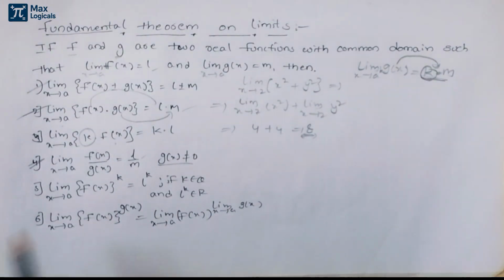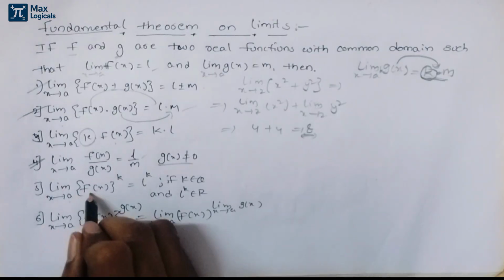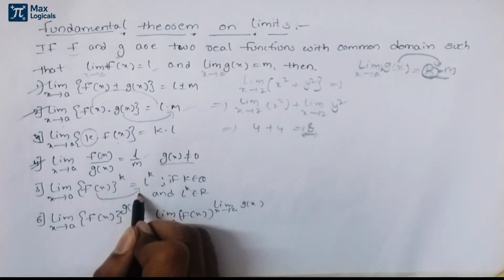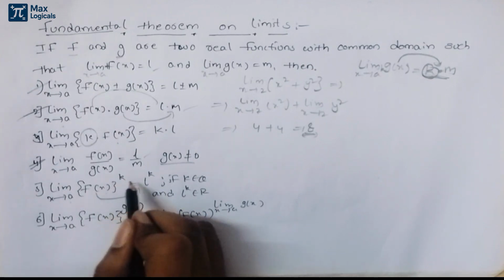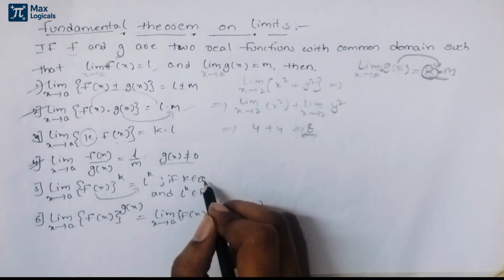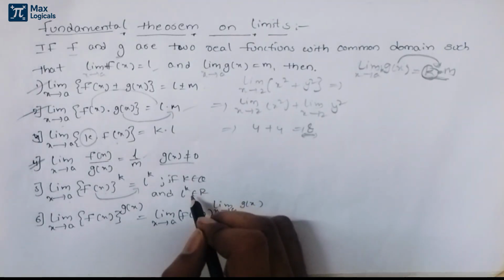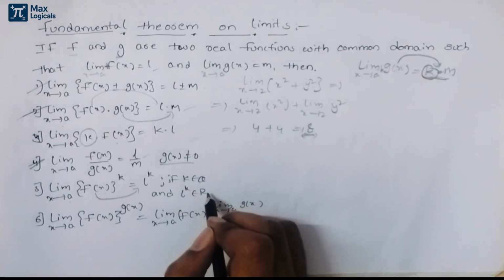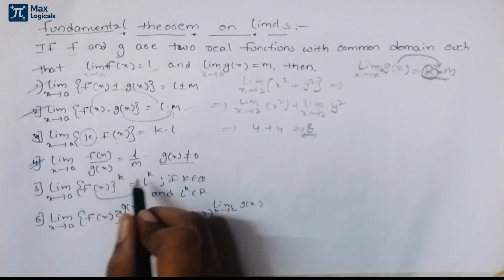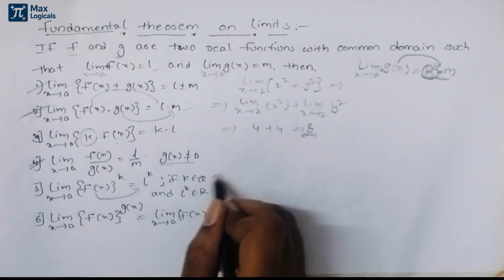Next we will discuss the limit as x tends to a of f of x whole power k. Here k is any rational number or constant, and L power k belongs to the real numbers. So the limit of f of x whole power k equals L power k.